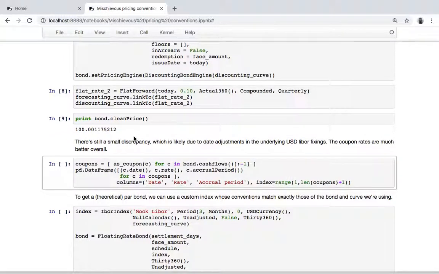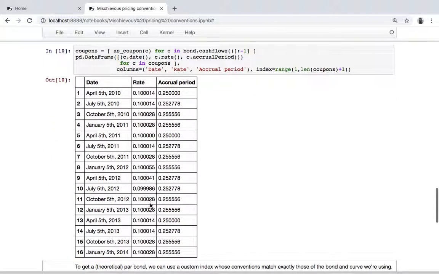And the coupons get better, the rates are closer to the expected 10%. The accrual period is now different, but it is the correct accrual period for cancelling out with the LIBOR calculation and give us the telescopic 100 result as the price.